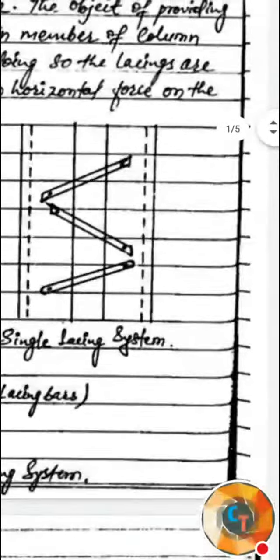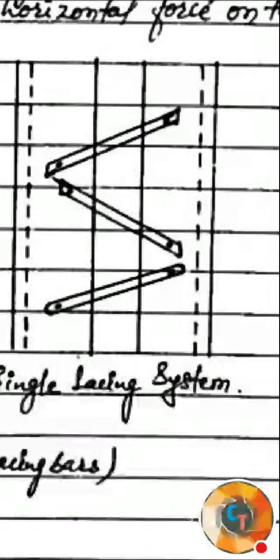In a single lacing system, the thickness should be 1/40th times the length of this bar. For example, if it is 100 mm, 100 divided by 40 is 2.5 mm. The thickness of this member should be minimum 2.5 mm. 100 divided by 40, keep it in mind.